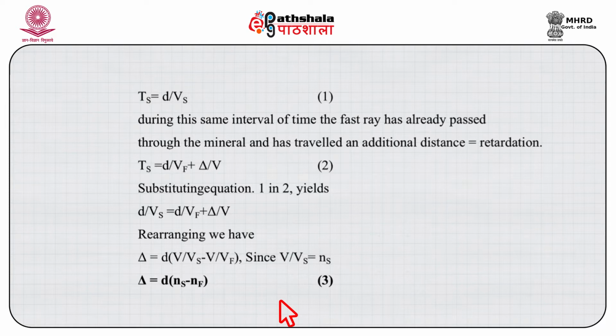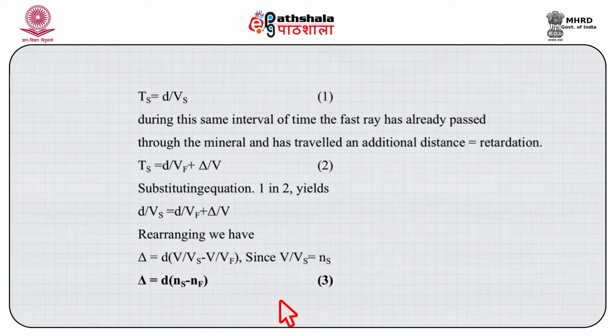Retardation develops due to differences in velocity, the slow ray lagging behind the fast ray, and the distance represented by this lagging after both rays have exited the crystal is called retardation, which is denoted by the Greek symbol delta. The magnitude of the retardation depends on the thickness of the mineral and also on the differences in the velocity of the fast ray and the slow ray.